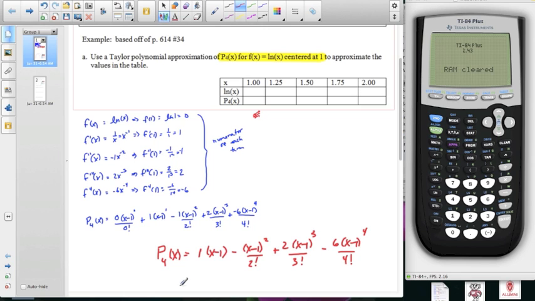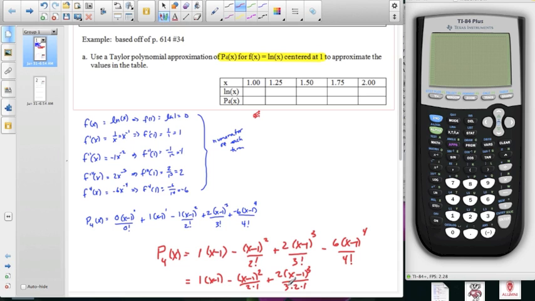And in looking at that, we had these coefficients 2 and 6 here. If we simplify that a little bit, we can start to see a pattern emerge. So I'm going to rewrite this without factorials, just so that we can see the pattern that emerges when we're talking about natural log.